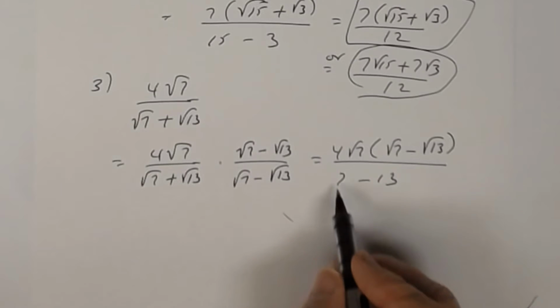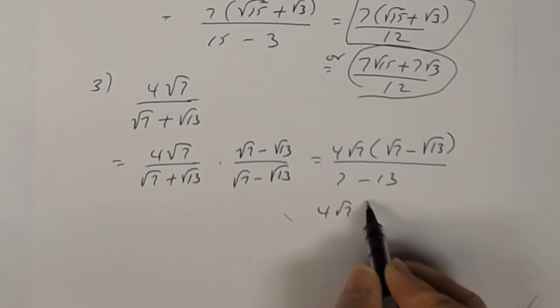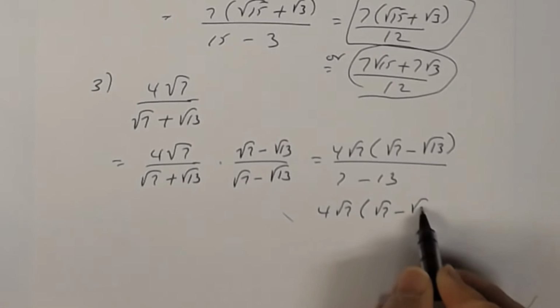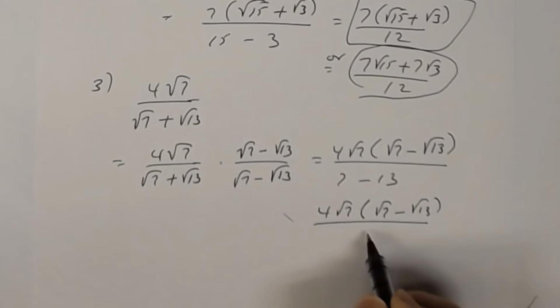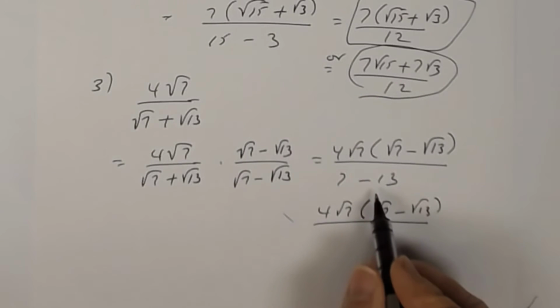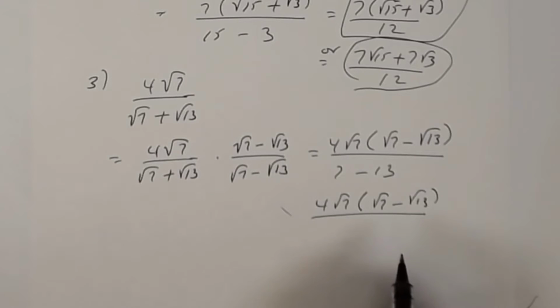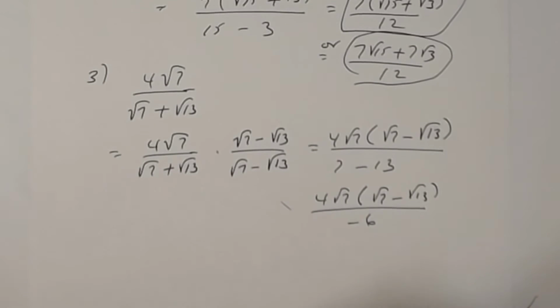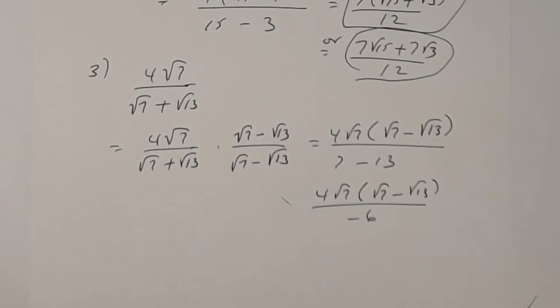So I have 4 square root of 7 times the square root of 7 minus the square root of 13, divided by 7 minus 13, what's that, a negative 6? Okay, negative 6.